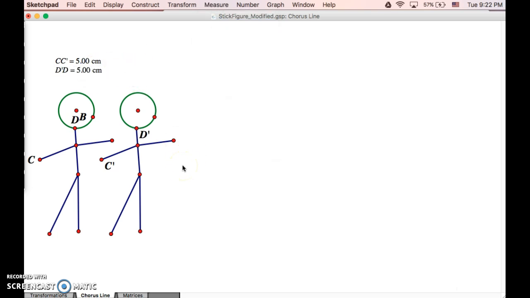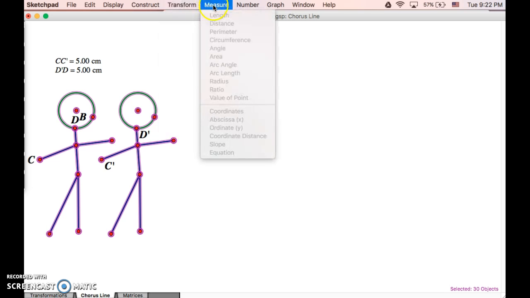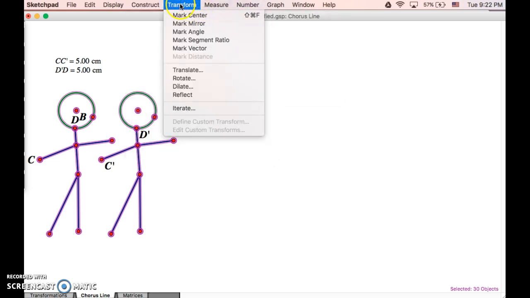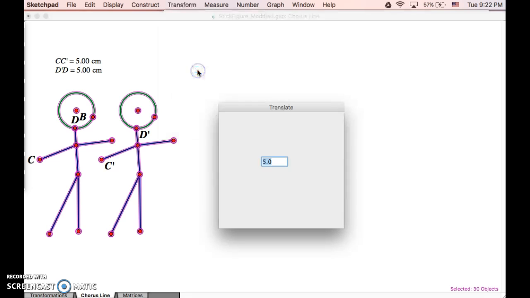Okay, so now if we want to line up 4 dancers, we can highlight one at a time and translate, or we can translate both initial dancers. Transform, translate.